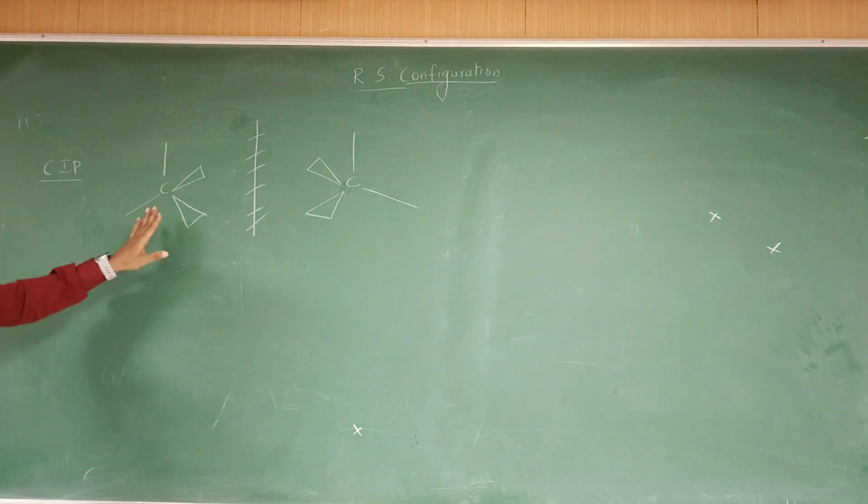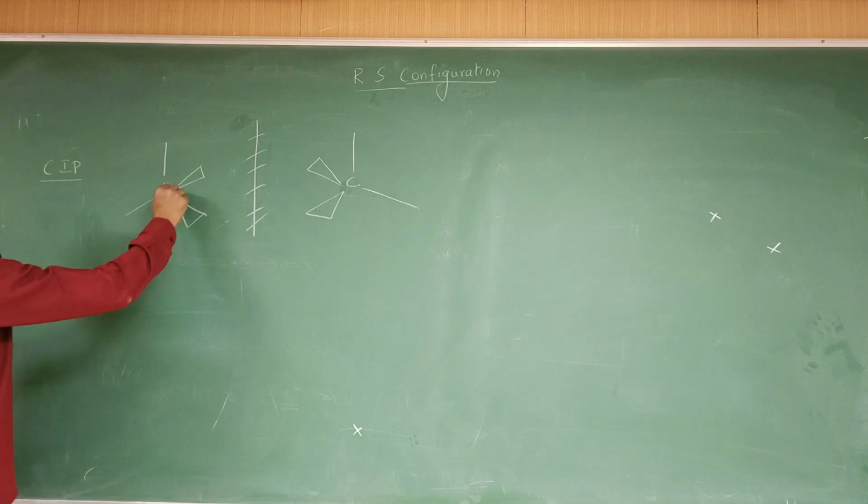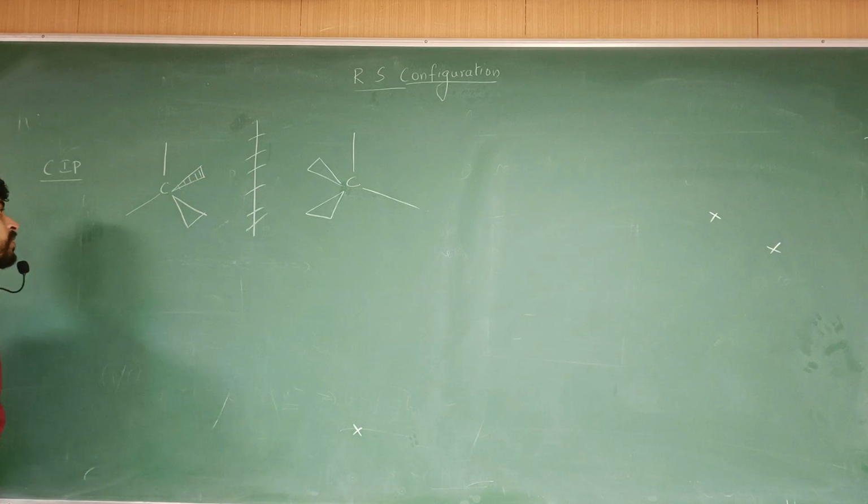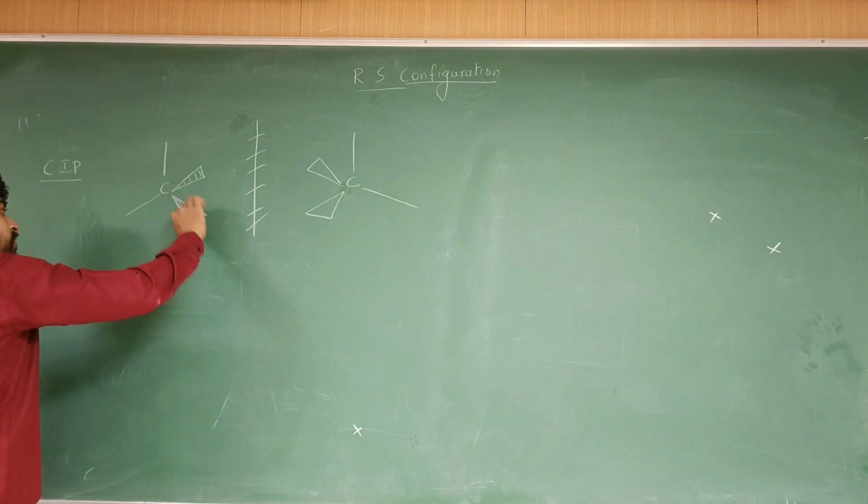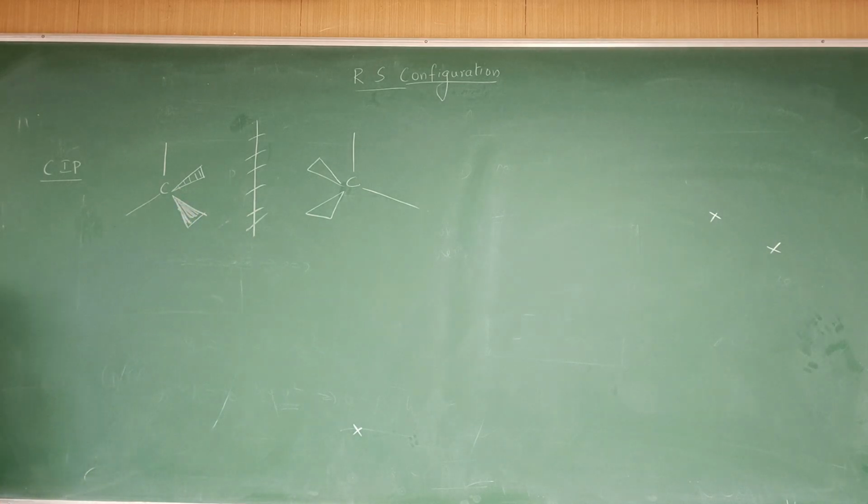Now let us say I am taking this molecule. What does this line indicate for this molecule? It is into the plane of the board. What does this line indicate? It is out of the plane of the board. Let me take an example molecule like this.